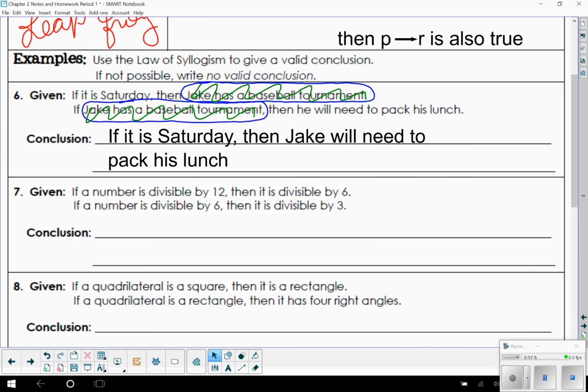Okay, so if you can drop out the center, then you got it golden.